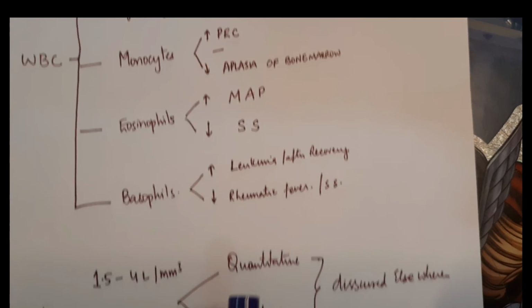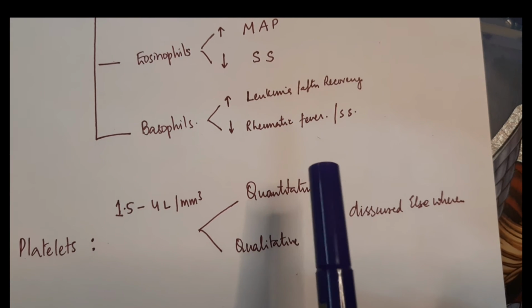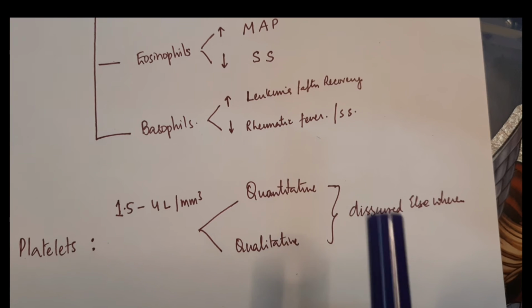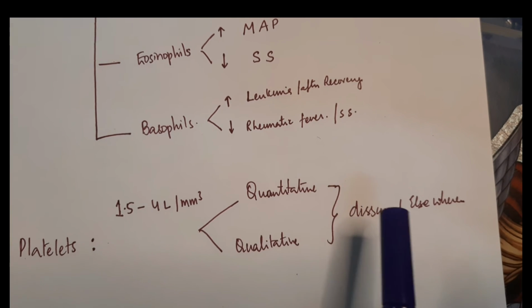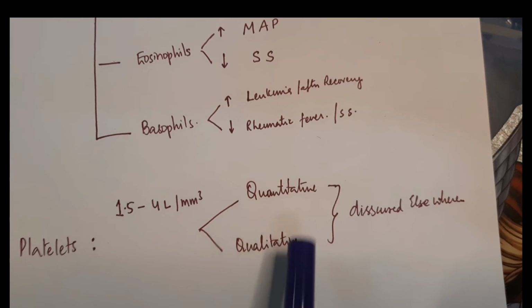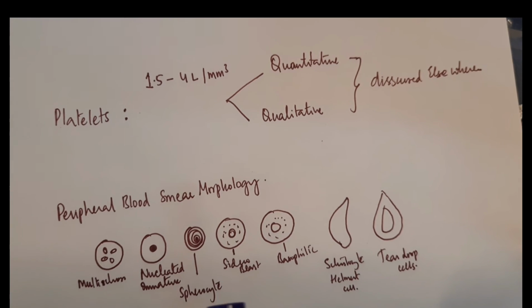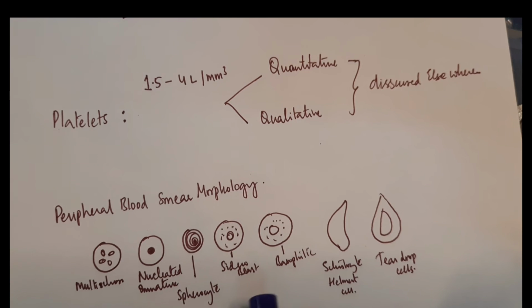Then the platelets are generally 1.5 to 4 lakh per cubic millimeter, and they can be divided into quantitative disorders and qualitative disorders. They'll be discussed elsewhere in another video, and also we will discuss some peripheral blood smear morphologies like multinucleated, immature, spherocytes, sideroblastic, basophilic, schizocytes, helmet cells, or teardrop cells.